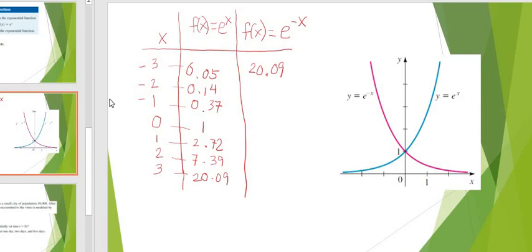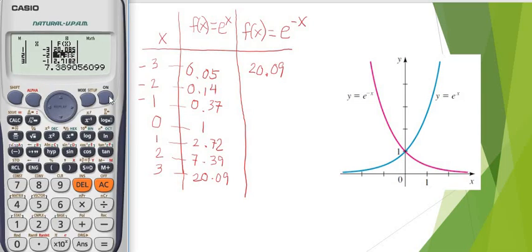Checking the values, the pattern is that when x equals negative 2, the value is 7.39. If we notice, this is just our previous values in reverse, starting with this value here. Having checked these values, we will simply write down the corresponding values in reverse order.